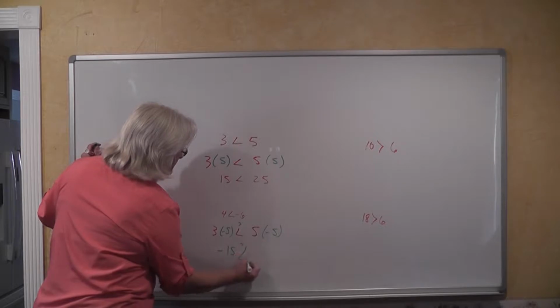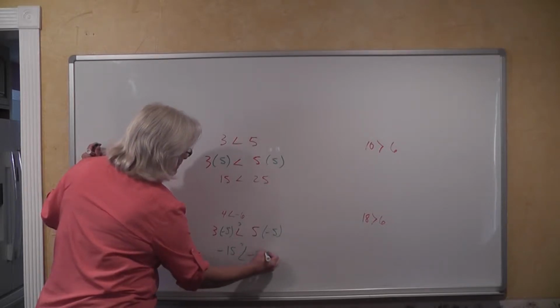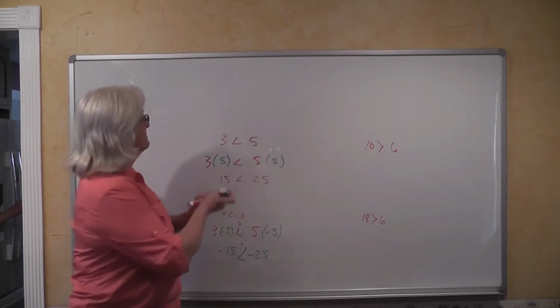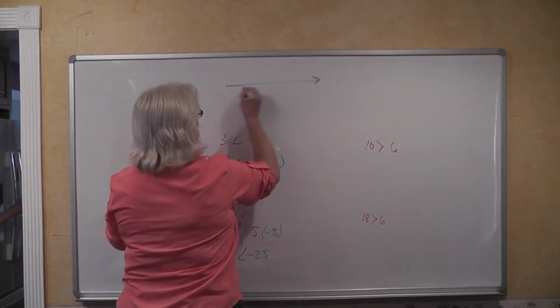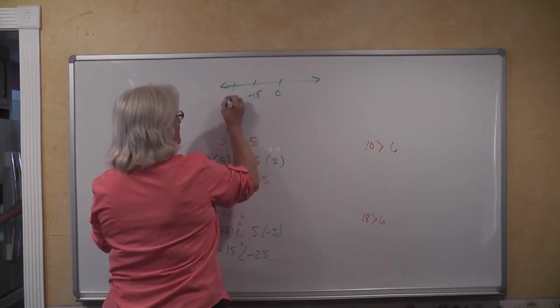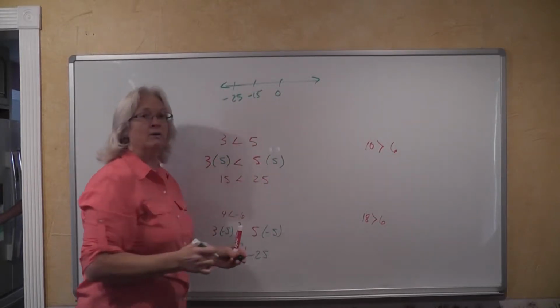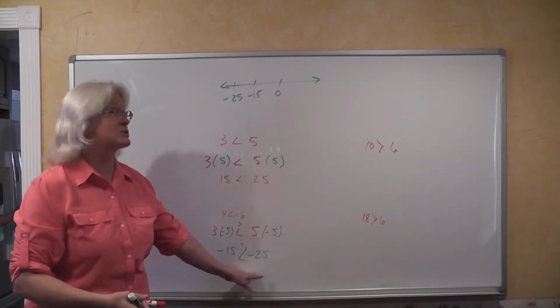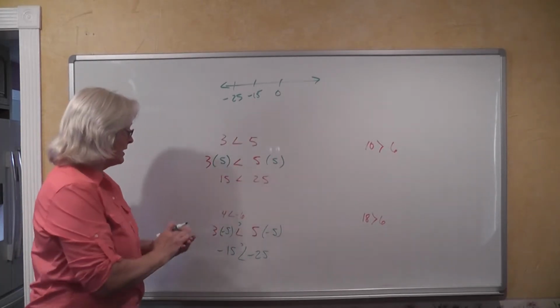Is negative 15 less than negative 25? Well, no, that would be a fail because on our number line, there's our 0, there's our negative 15, and there's our negative 25. Negative 15 is not less than negative 25.